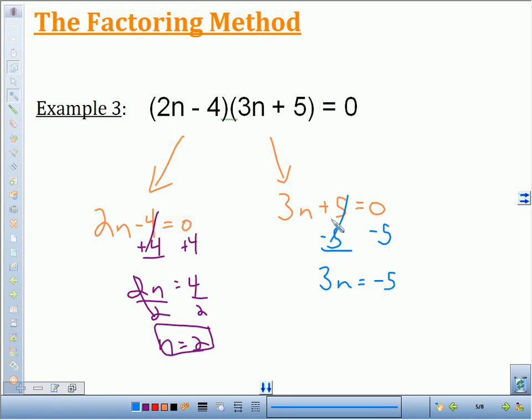Nothing new, nothing we haven't seen before. We divide by 3, and that tells me that n equals negative 5 over 3. And we could leave that as a fraction, or we could change it to a decimal. Since this would be a repeating decimal, I'm going to elect to leave this as a fraction. So negative 5 over 3. So these are the two spots where this equation crosses the x-axis.